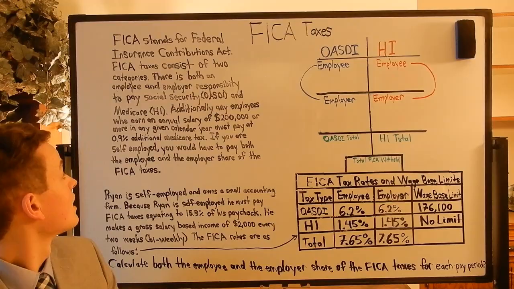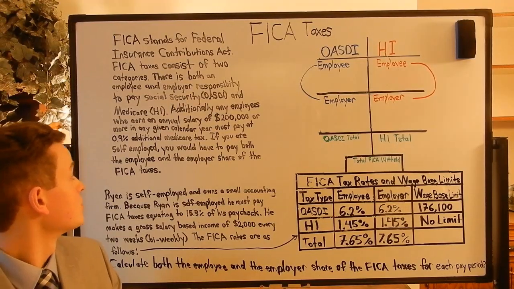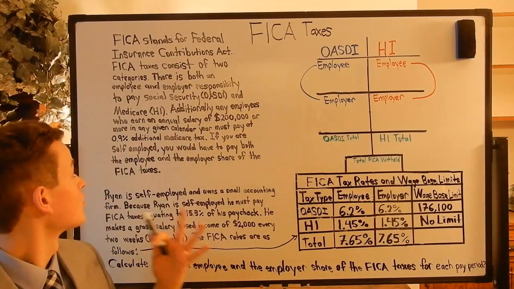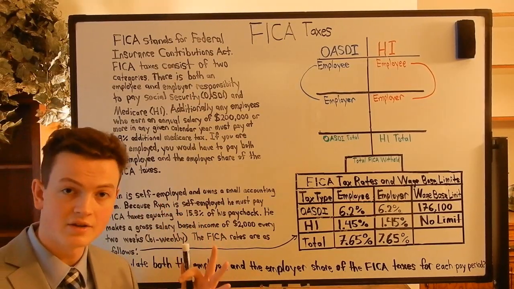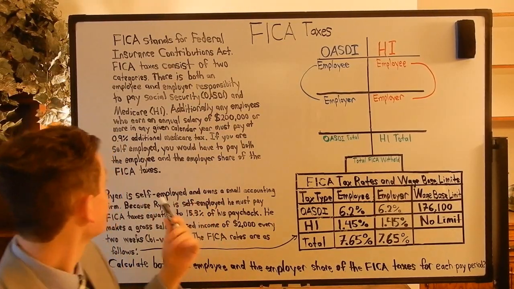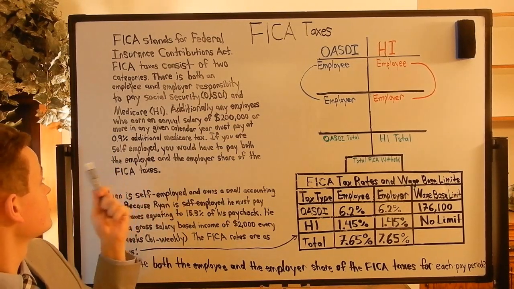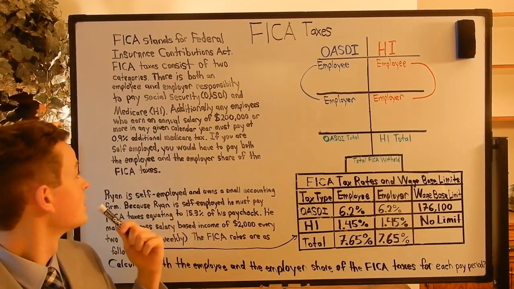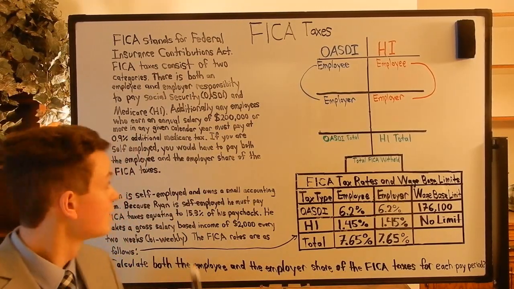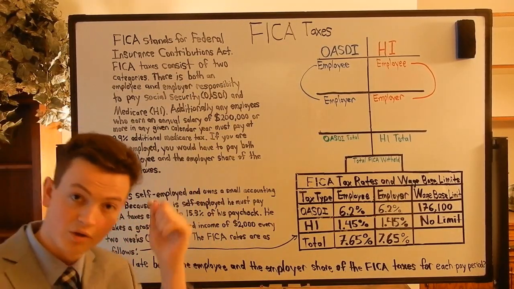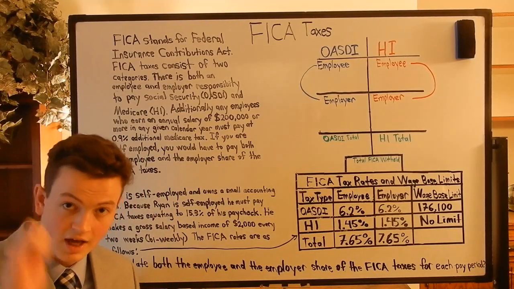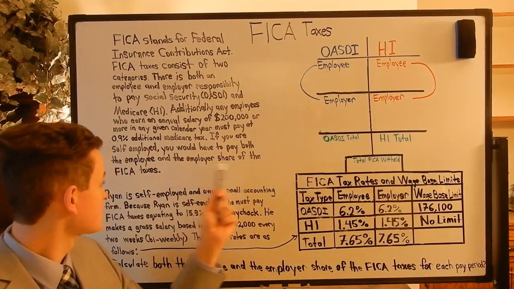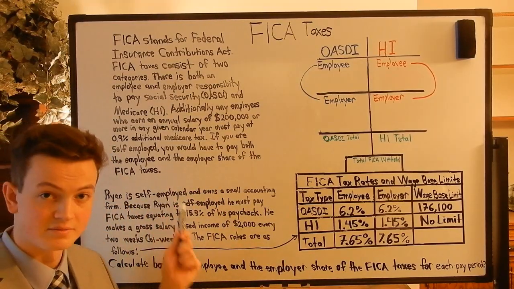Additionally, any employees who earn an annual salary of $200,000 or more in any given calendar year must pay an additional 0.9% Medicare tax. If you are self-employed, that means you are wearing both the employer and the employee hat. Therefore, you would have to pay both the employee and the employer's share of these FICA taxes.